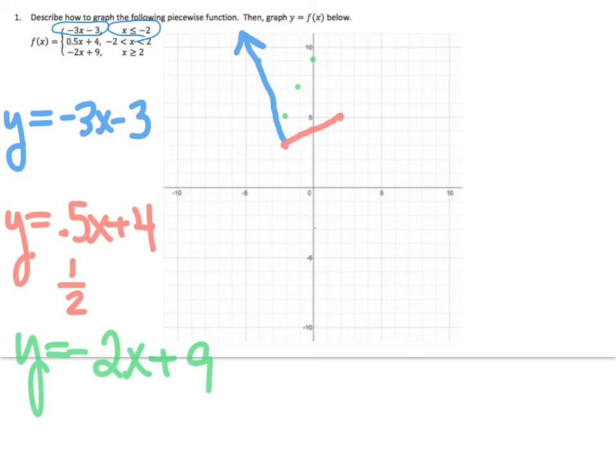Oh, I didn't see that. That's a negative 2. Sweet, because there's no way that was going to work. So we're crossing at 9. I'm going negative 2, positive 1. And what is my domain here? x is greater than 2. So that would be this way.